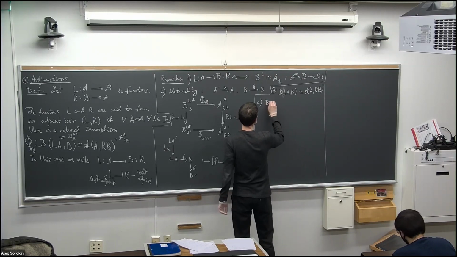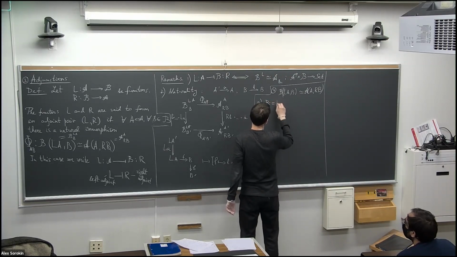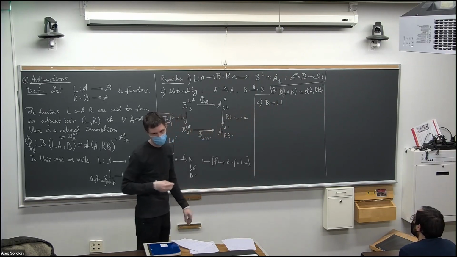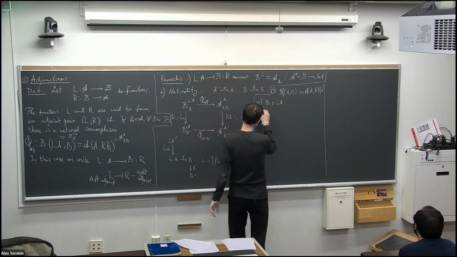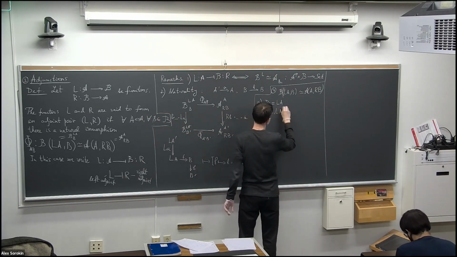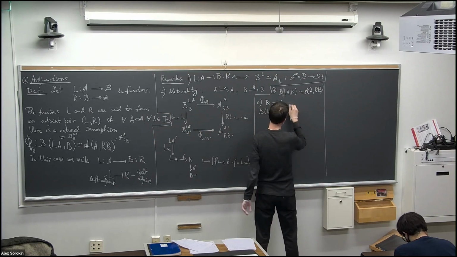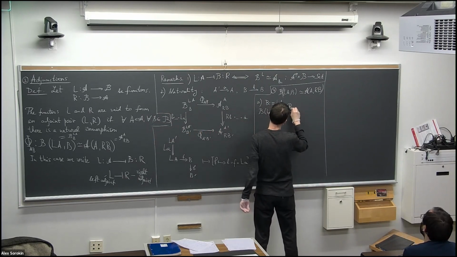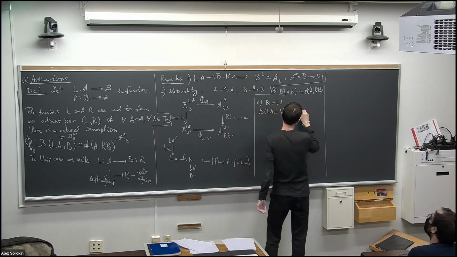So B equals LA. LA is the image of object A, not Los Angeles. So here Hom(LA, LA), here it's phi at A, LA.